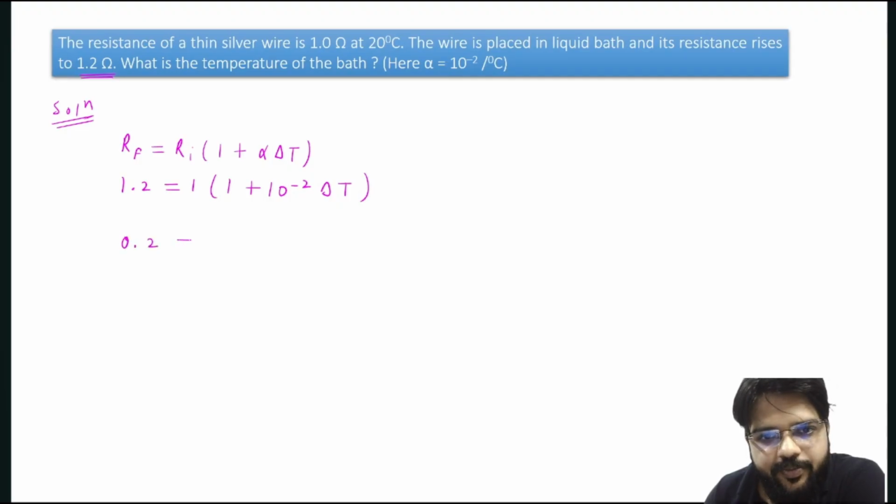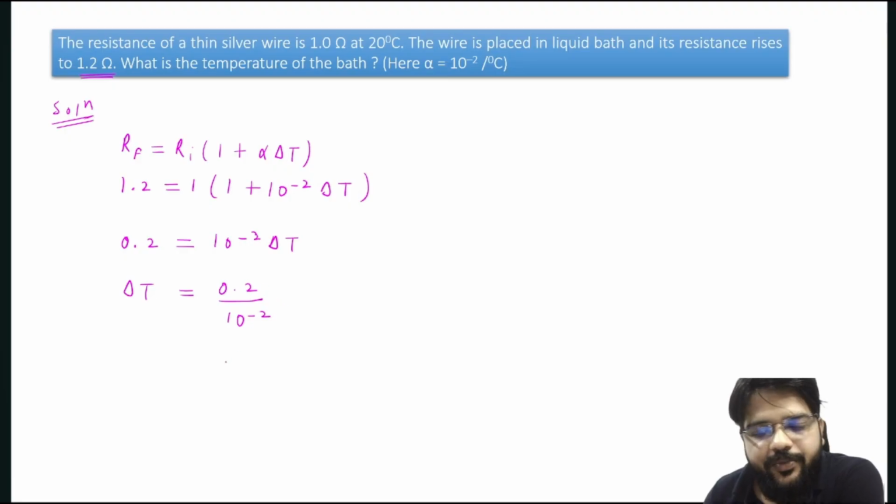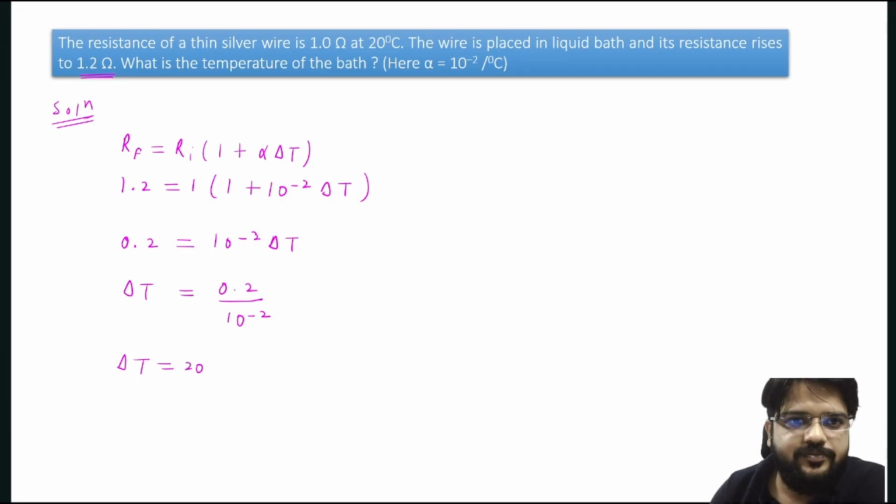So here we get 0.2 equal to 10 raised to minus 2 delta T. Now delta T can be written as 0.2 divided by 10 raised to minus 2. Now it goes to the numerator, so it becomes 100. So the change in temperature is how much? It is 20 degrees Celsius.